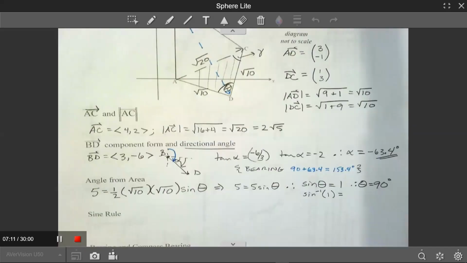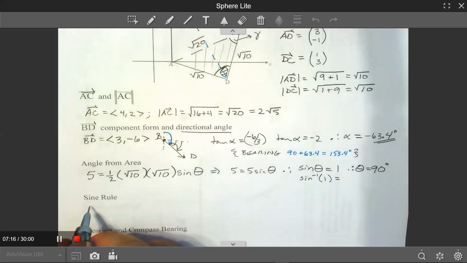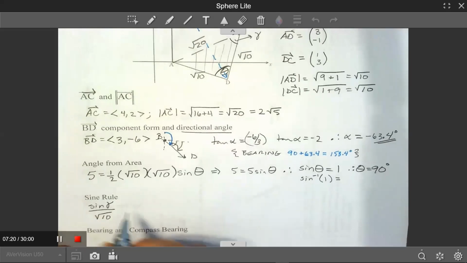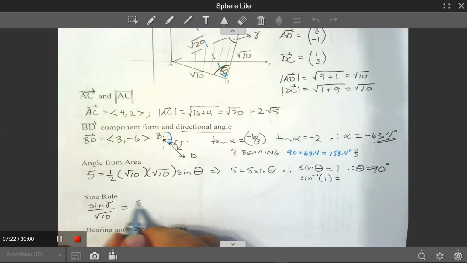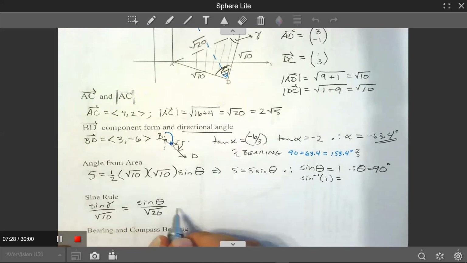With that angle gamma, the sine rule would tell us that the sine of gamma all over the square root of 10 has to equal the sine of theta all over the square root of 20.